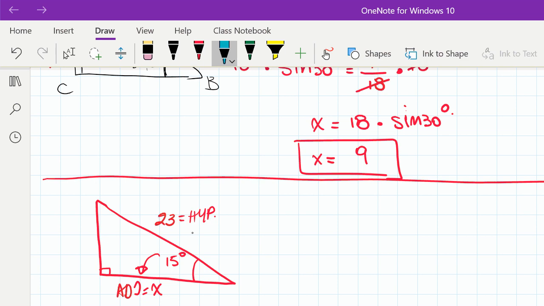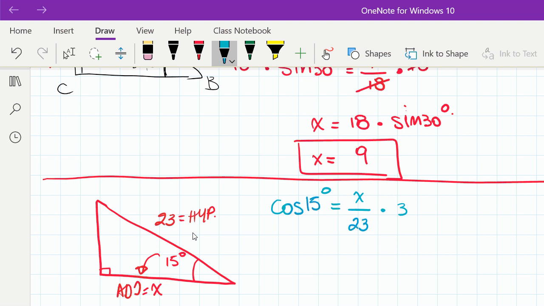We always will ask the question, what is the trig ratio that relates the adjacent that we are looking for and the hypotenuse that is given? And the answer will be cosine. So cosine of angle 15 is equal to x over hypotenuse, that is 23.